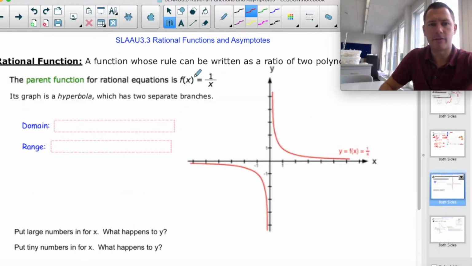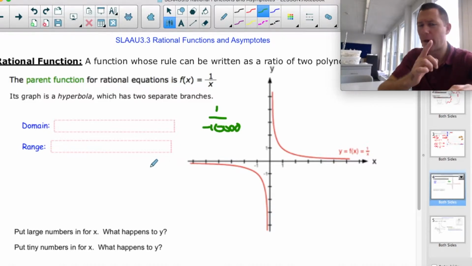If you graphed this 1 over x, we've only been looking at this side. One cookie divided by 1,000,000,000 people is close to 0, but it's not negative. One cookie divided by really tiny people is really a big amount of cookie. You can play the same game with negative numbers. If you divide one cookie by negative 1,000,000,000 people, you get really close to 0, but approaching it from the bottom, right?